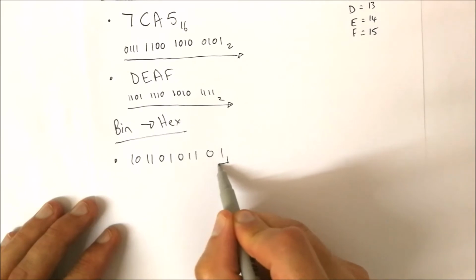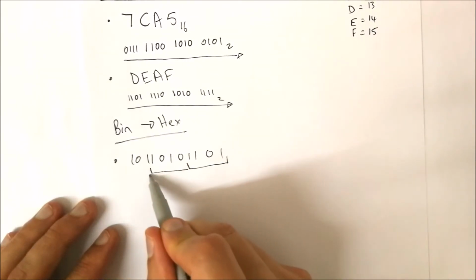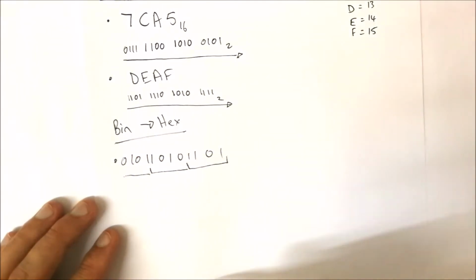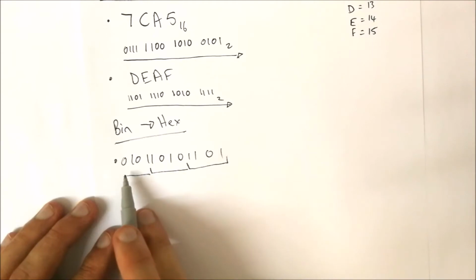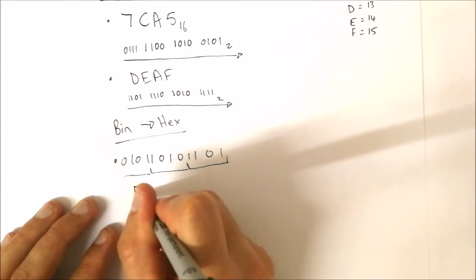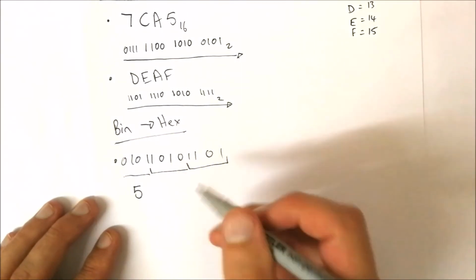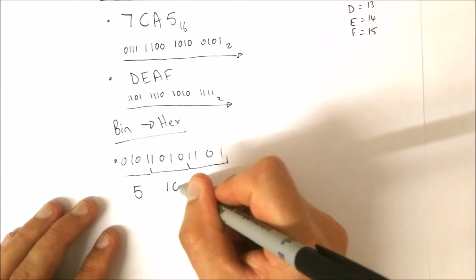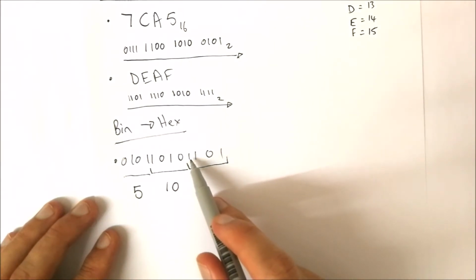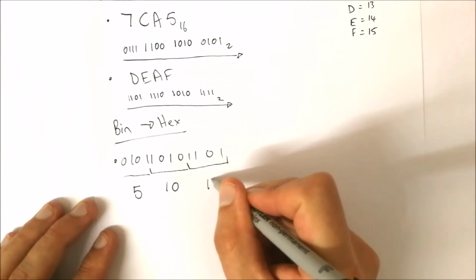We've got 4 bits over there, 4 bits over there, and we've got 3 bits over there, which means we can place a 0 in front of it to make it 4 bits. So 0101 is equal to 5. Next 4 bits, 1010, is equal to 10. 1101 is equal to 8 plus 4, which is 12, plus 1, which is 13.